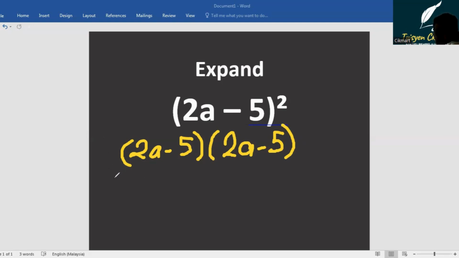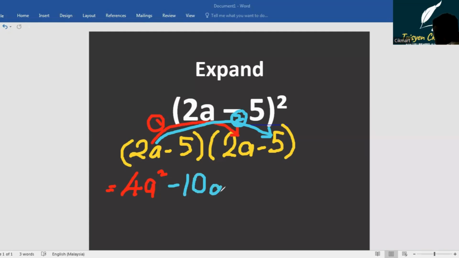Okay, so next is of course what we have learned before, the expansion pattern. Starting with the red color here, number 1, 2a times 2a, which comes to 4a squared, followed by blue color, like this. 2a positive times negative 5, positive and negative, negative 10a, followed by green color.